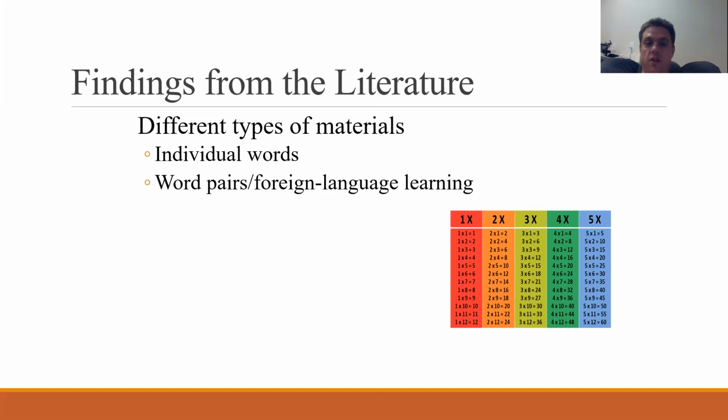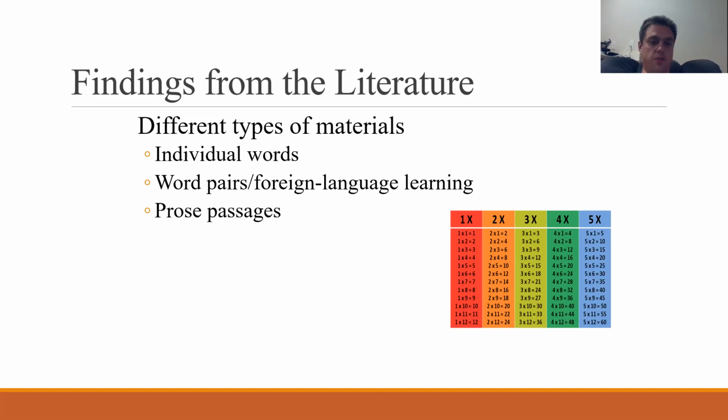Individual words, word pairs, like learning a foreign language, passages and extracting knowledge from a pretty broad explanation of something. This is definitely very practically relevant, because in a lot of tests you don't necessarily need to remember a single word, but you might read a textbook chapter and have to extract the important parts from it.